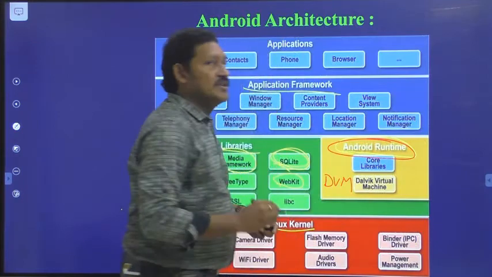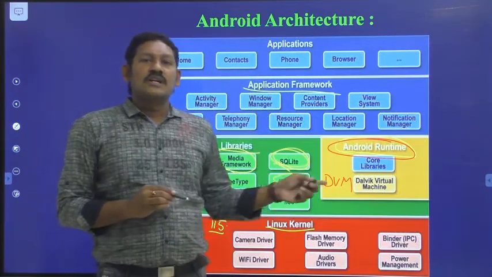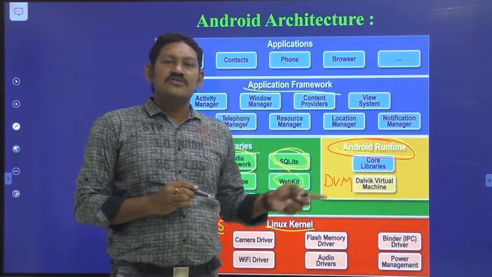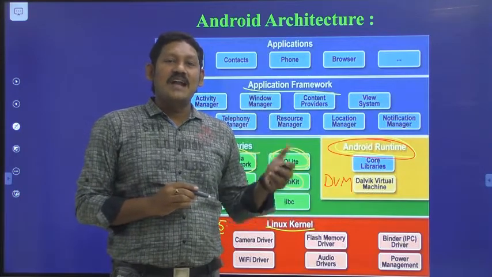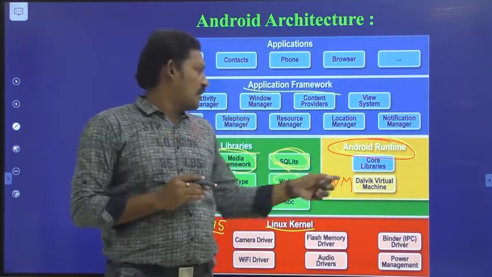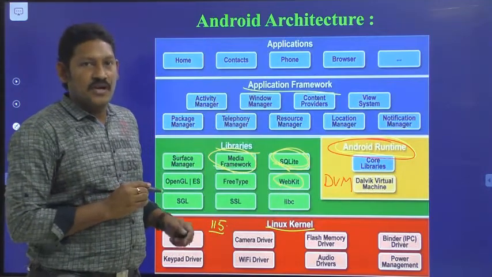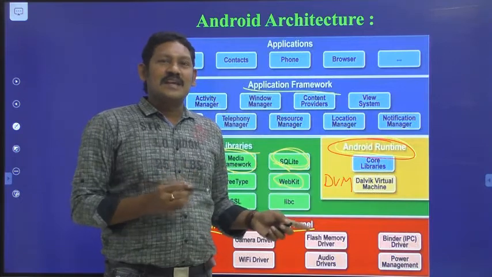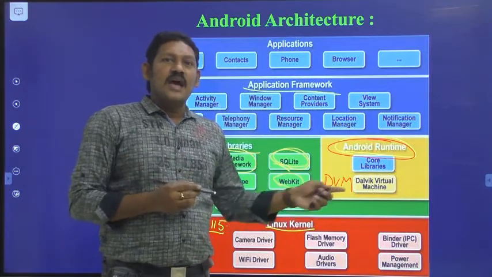The Dalvik Virtual Machine is a kind of Java virtual machine, specially designed and optimized exclusively for the Android operating system. This DVM is just like a Java virtual machine in Android.